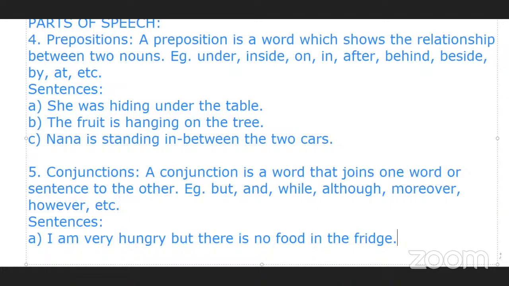So you can say Kofi and Anna. The schoolboys and the schoolgirls. Those are phrases you are joining. Kofi and Amma are words you are joining. So that is the work of a conjunction.